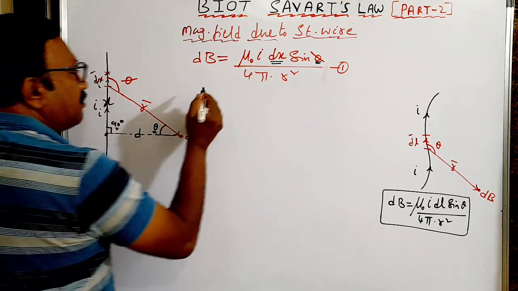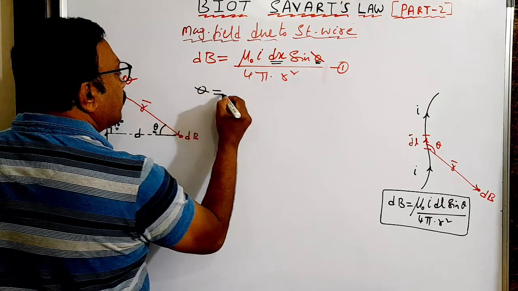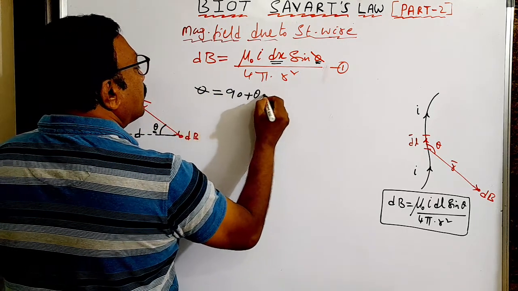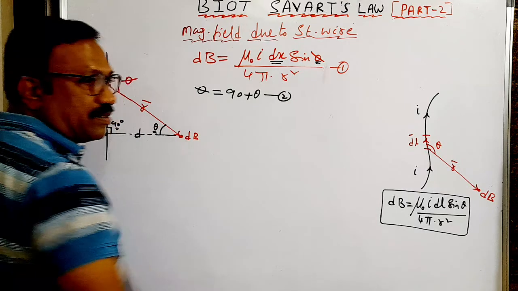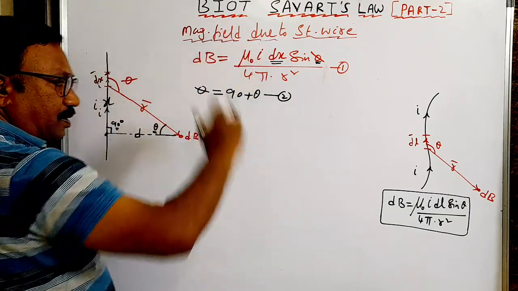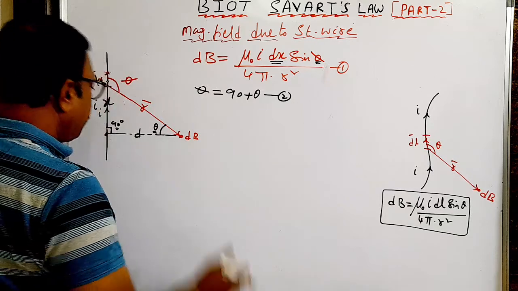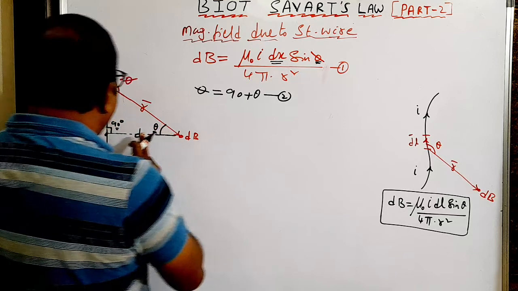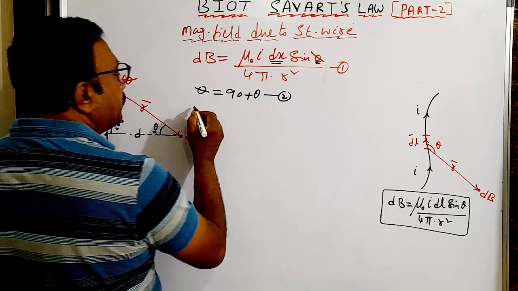So this phi must be equal to 90 plus theta. This is one equation, I can substitute that in place of phi. I want dx. I will take tan theta from this triangle. Tan theta is nothing but x by d.